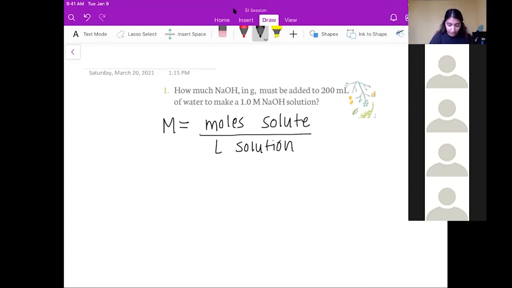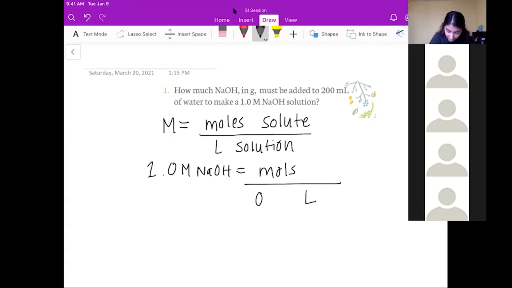So do we know the molarity? L and M, yeah, correct. So we know that the molarity is 1 molar NaOH equals moles, so we don't know the moles yet, over liters of solution. So if we were to convert 200 ml to liters, what would our new value be in liters? 0.2?